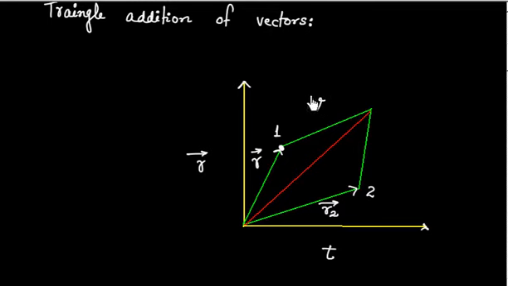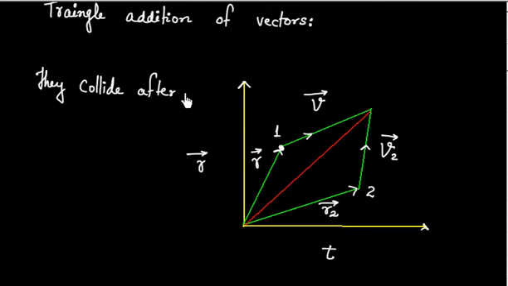Particle number 1 is moving with velocity v1, directed along this direction, and v2 is directed along this direction. Let us say they collide after time t.